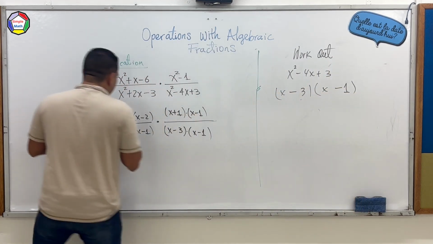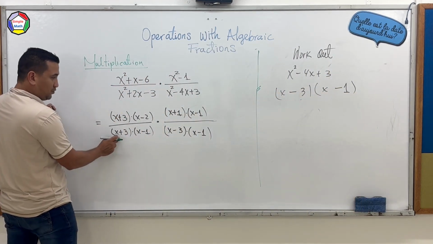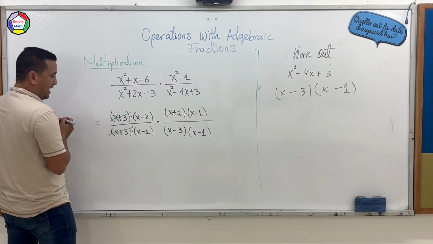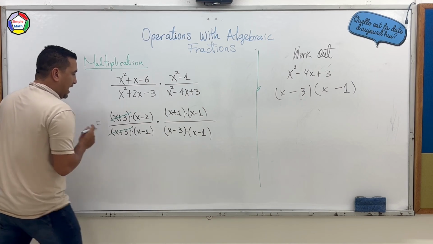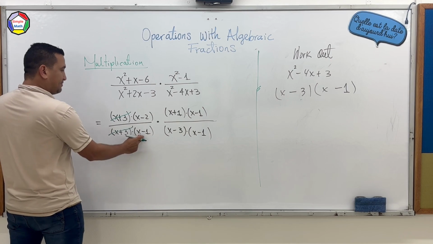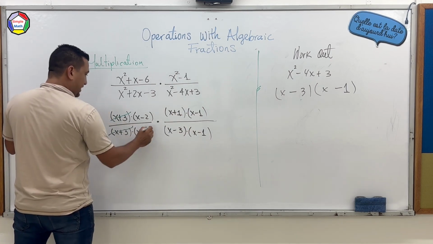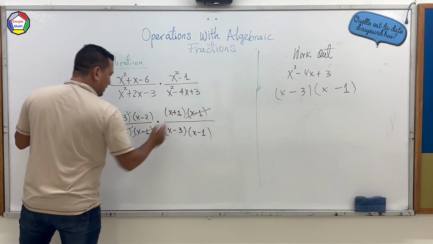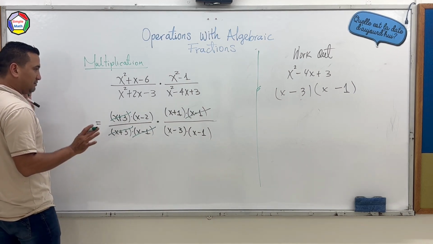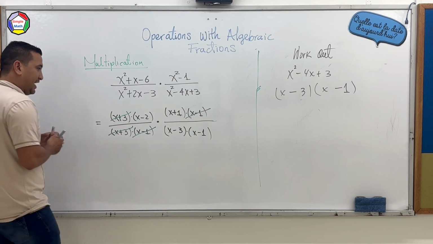So I can simplify x + 3 with this one, because they are the same. I cannot simplify x - 2. X - 1 and x - 1, I can simplify. I think that's all. I cannot simplify anything else.